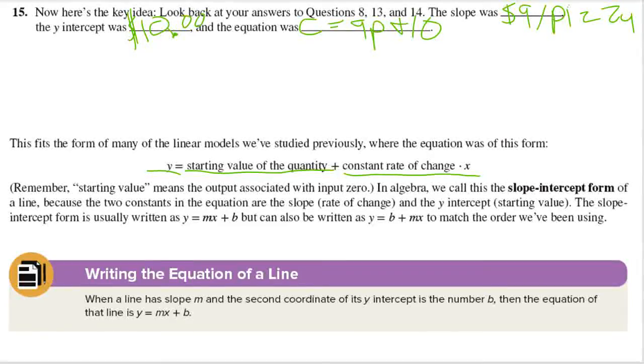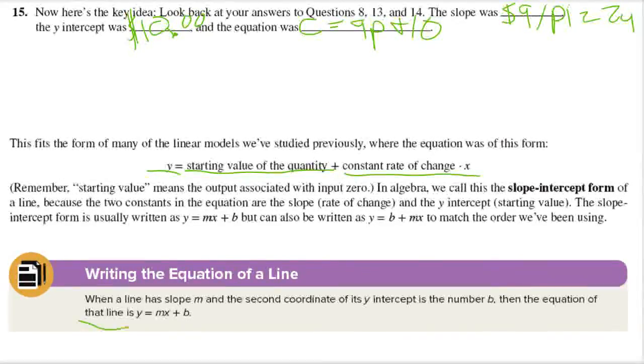So if we give you an equation, you can tell us the slope. The slope is the number next to the x. You can tell us the y-intercept. That's the number by itself. Or if we give you a story that has a y-intercept and a slope, you can write the equation of the line. Okay. And that's what they're saying here in the purple area.